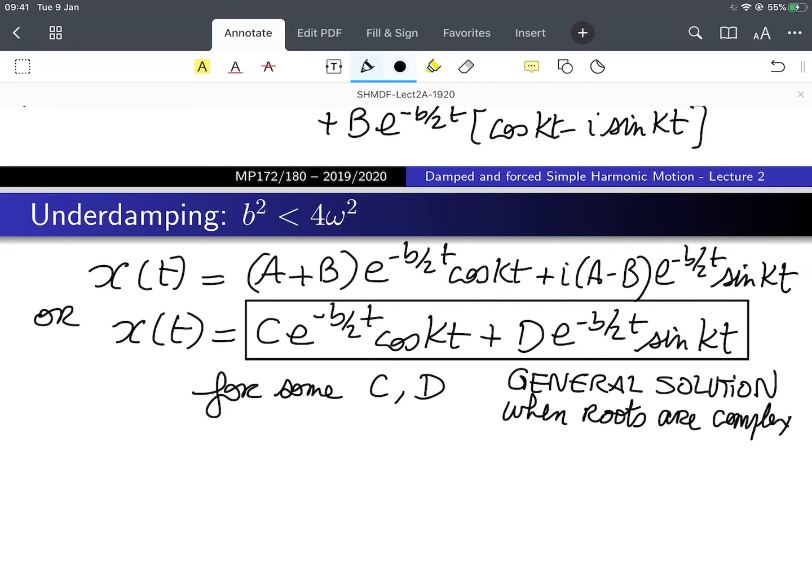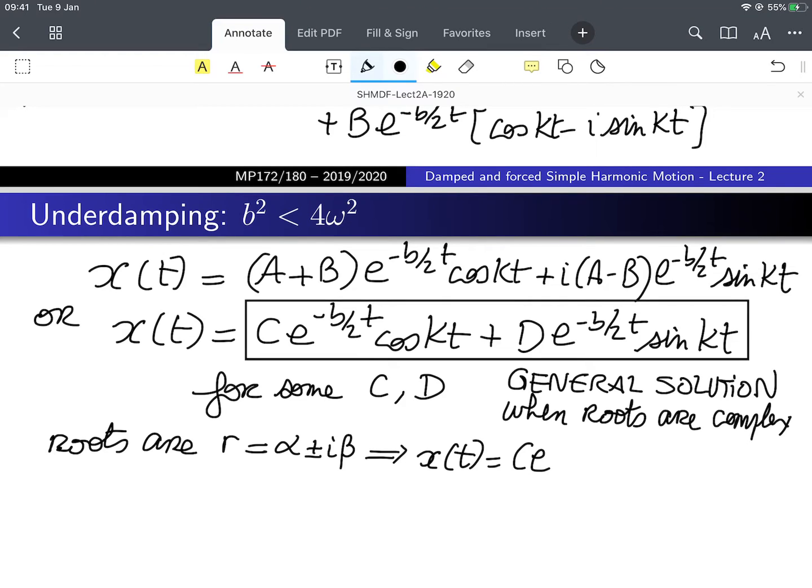When the roots are complex, say of the form alpha plus or minus i beta, the solution is C e^(alpha t) cos beta t plus D e^(alpha t) sin beta t.